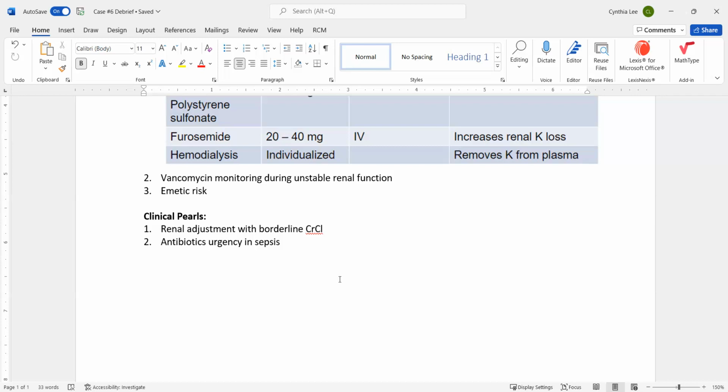But in the practice setting, you might see patients being given maybe a higher dose despite having a renal function less than 30, for example, right? And the way the doses are selected or decided is based on risk versus benefit. So what is the risk of patients getting adverse events?